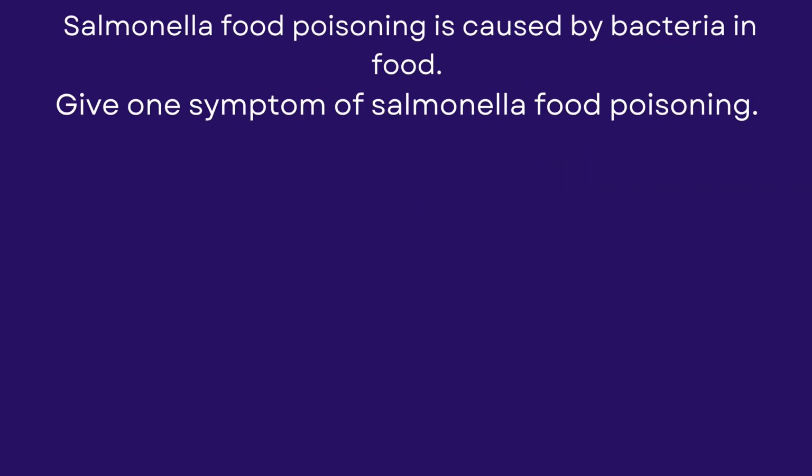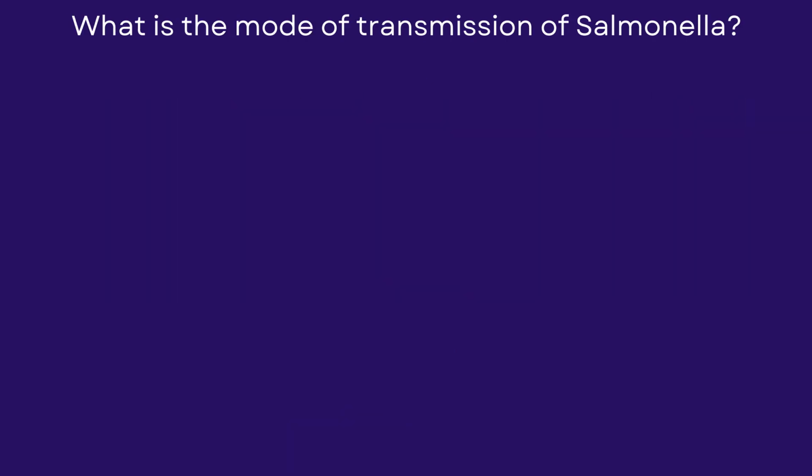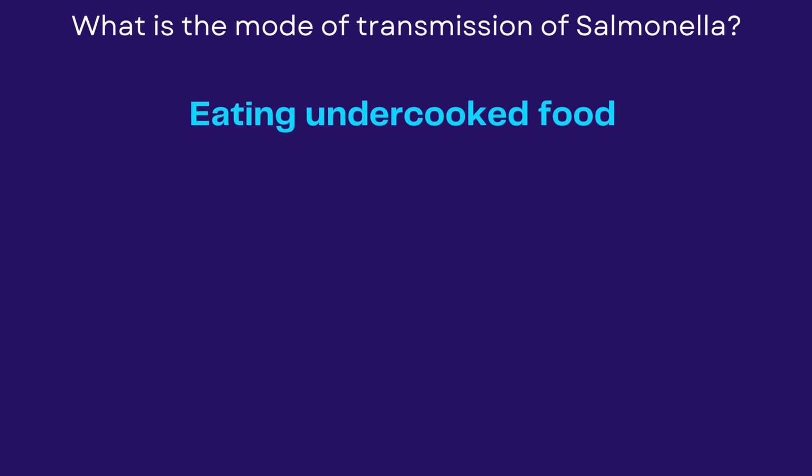Salmonella food poisoning is caused by bacteria in food. Give one symptom of salmonella food poisoning. Vomiting, diarrhea, fever, abdominal cramps. What is the mode of transmission of salmonella? Eating undercooked food.